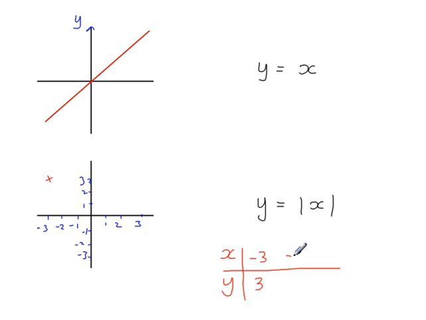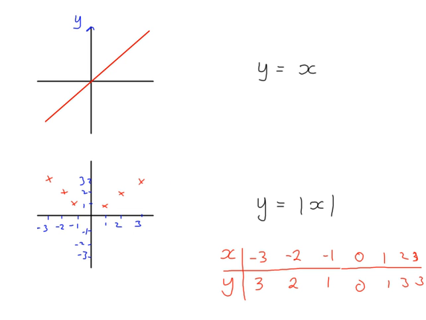When x is -2, y is +2. So x is -2, y is +2, x is -1, y is 1, and then 0, 0, and then you've got 1, 1, 2, 2, 3, 3.